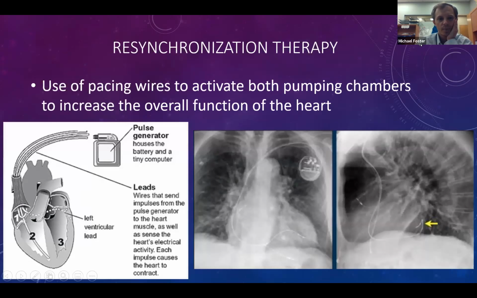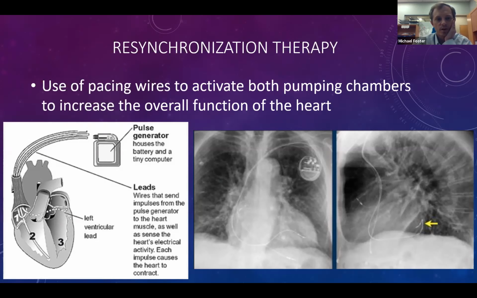So more advanced therapies would be resynchronization therapy. And this involves the use of pacing wires to help the heart function itself. Usually, the pacing wires are implanted first into the subclavian vein, which is in the top left or the top right of the chest. Most commonly, the pulse generator is placed in the top left of the chest.